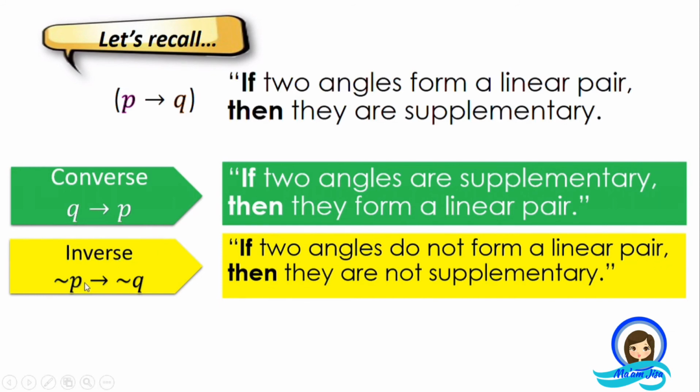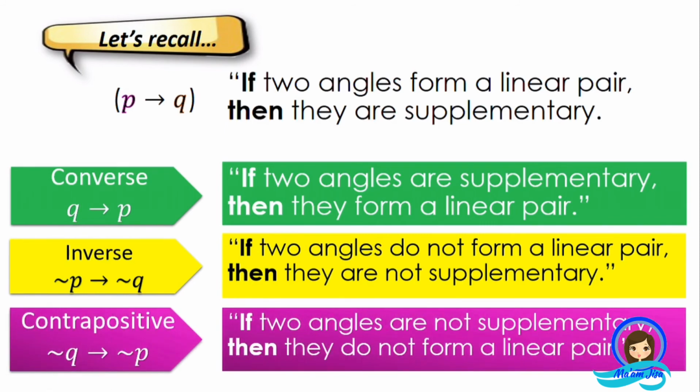So the inverse is not P implies not Q. While for its contrapositive, if two angles are not supplementary, then they do not form a linear pair. So the contrapositive is of the form not Q implies not P.